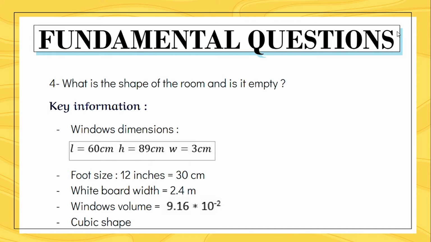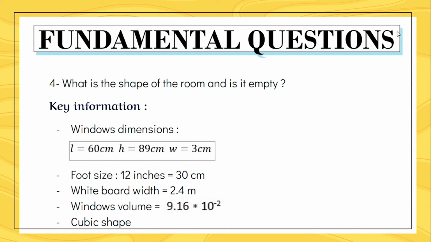And after that, in order to estimate the height, we used the whiteboard in order to have a more precise estimation. So firstly, we estimated how many whiteboards can fit the wall, and we found that it is 3 whiteboards. Second step was estimating the width of the whiteboard, which was approximately 2.4 meters. So the height of the room was 2.4 multiplied by 3, which is approximately 7 meters.